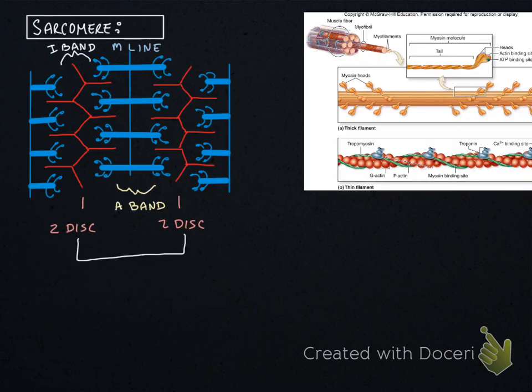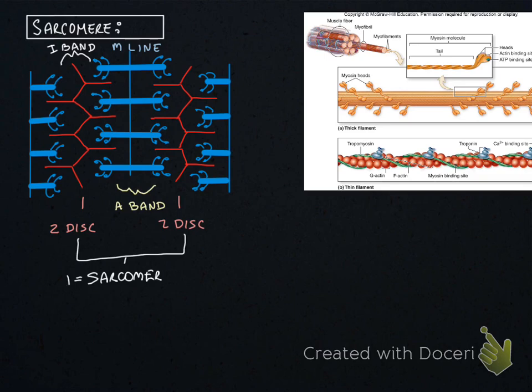Now if we sort of zoom out and take a look at our bundles of myofibrils, or bundles of myofilaments here, they form what are called sarcomeres, and a sarcomere is just a unit of these filaments. A sarcomere is considered from Z-disc to Z-disc. So that is one sarcomere.